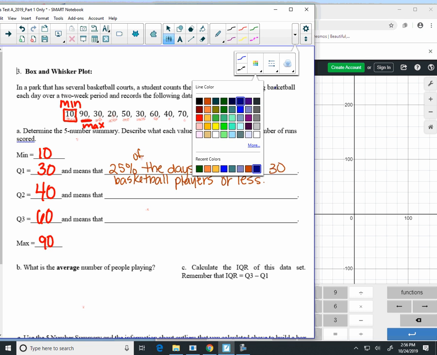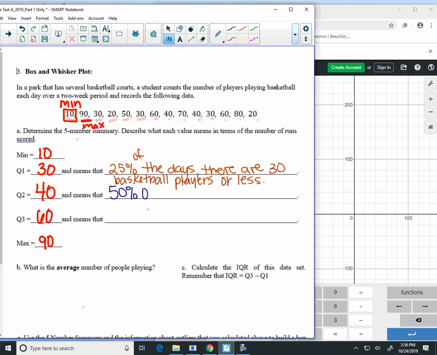All right, quartile 2 is 50%. So 50% of the time, or of the days, there were, our number is 40, or fewer basketball players.